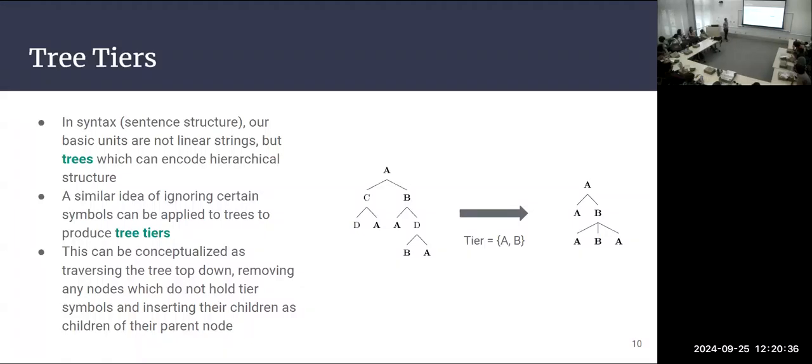And so we can use a similar idea here of ignoring certain symbols to produce tree tiers. We have this class of TSL over strings, and it works really well for categorizing stuff in phonology, which refers to sound structure. We want to see what happens if we try to use it for syntax. But in syntax, we're working with trees, so we better figure out some way to make some kind of tier on the tree.